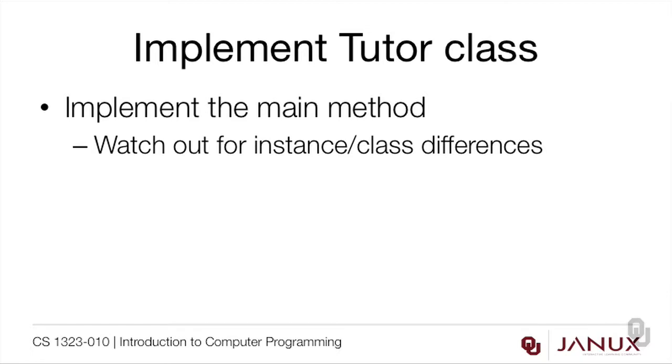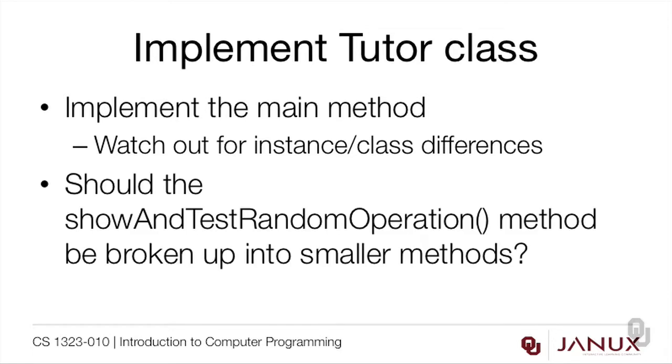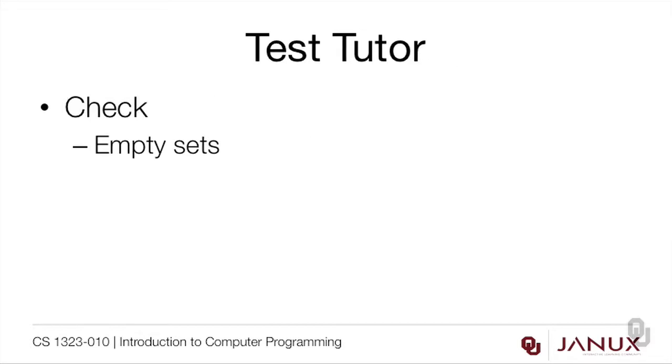When we implemented the tutor class main method, remember we had to watch out for the instance and class differences. Those are things that really cause a lot of trouble. And we thought about whether the show and test random operation method should be broken up into smaller methods. That might be something you want to think about a little bit more and see what your answer would be. We've tested the tutor, we checked for empty sets.